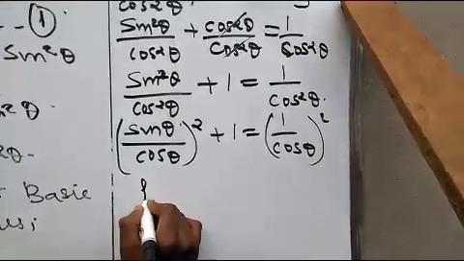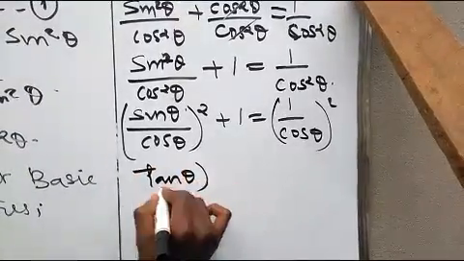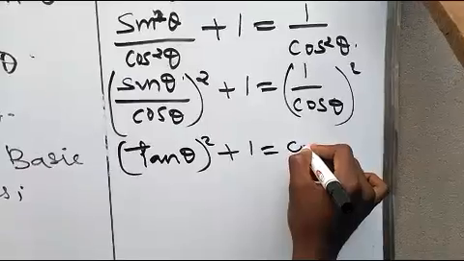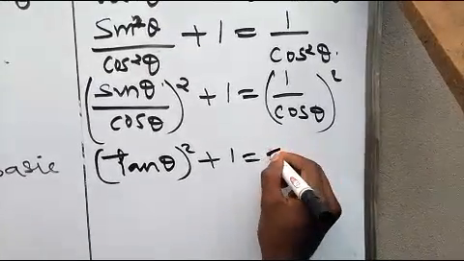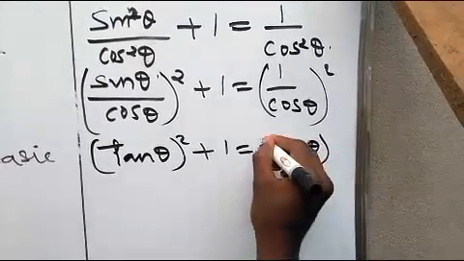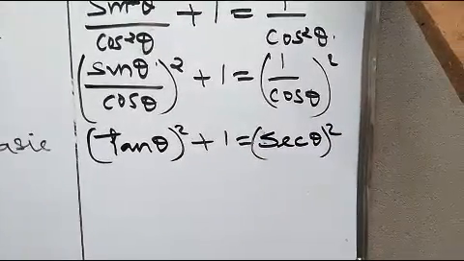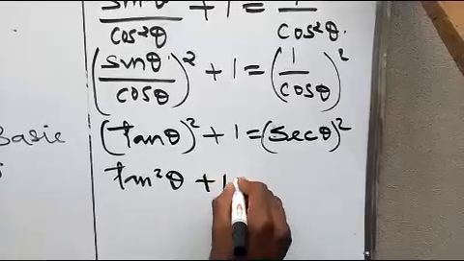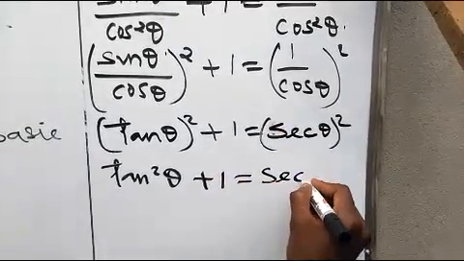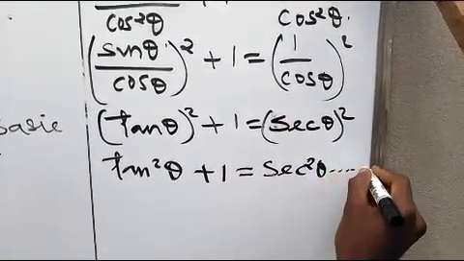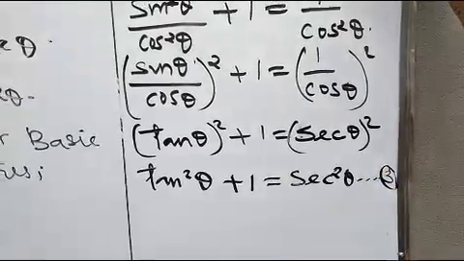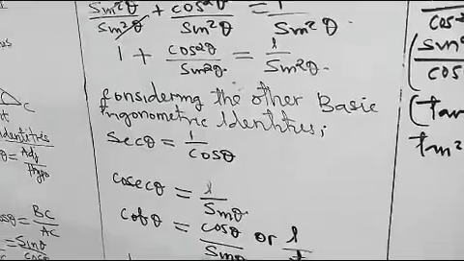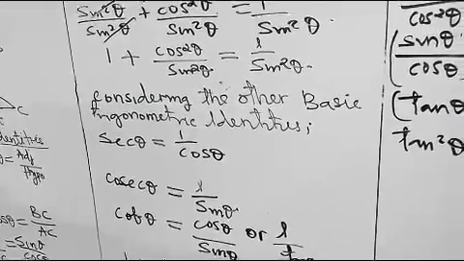We are going to have tan theta all that squared plus 1 equals to sec theta all that squared. Now we are going to have tan squared theta plus 1 equals to sec squared theta. This is our equation 3 of our trigonometric identities. Now we can try a GC equation with these basic trigonometric identities.